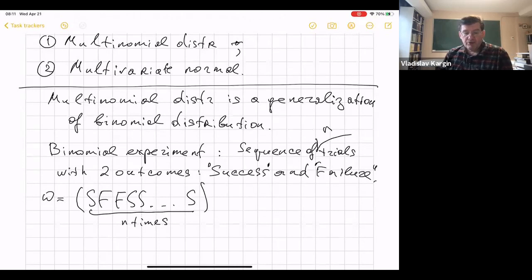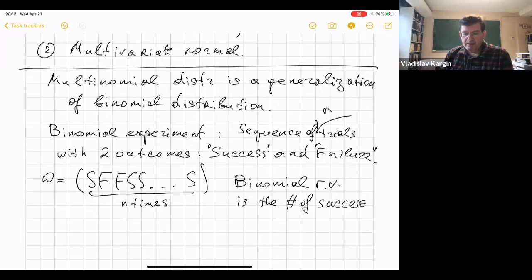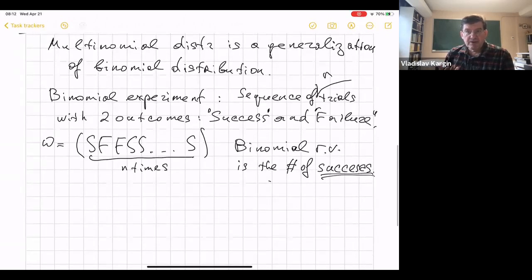So this was an experiment. And the binomial random variable was defined as the number of successes. Now we calculated the distribution of this random variable. Call it x, say.